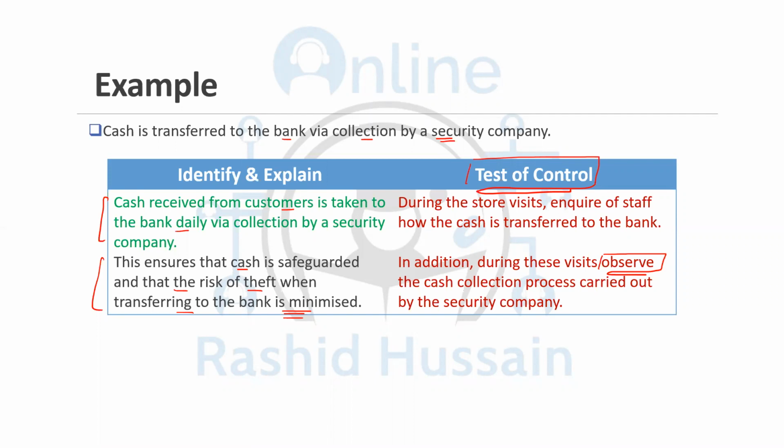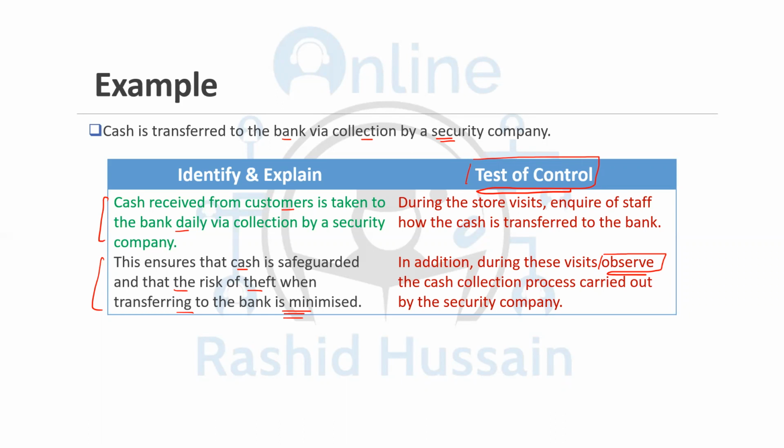So if you want to see this activity, inspect the goods on a sample basis and see the stamp there. If they're saying we regularly perform the supplier reconciliation and prepare supplier reconciliation statements, then review the file of the supplier reconciliation and see whether monthly reconciliations are there.